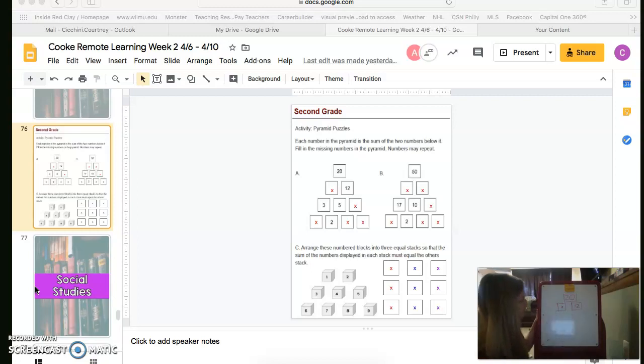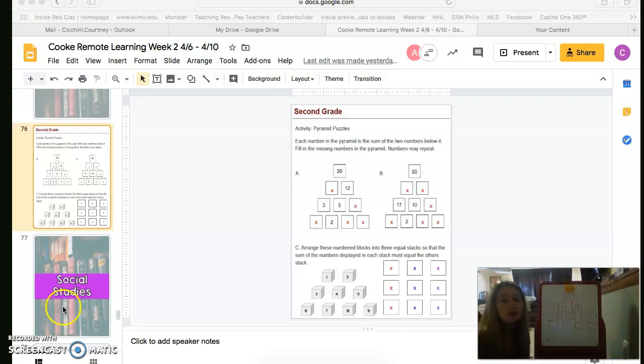It has 3 and 5. And then it has, on my bottom row, just a 2. I'm going to make it a little bit harder.